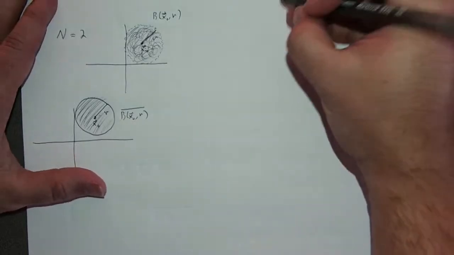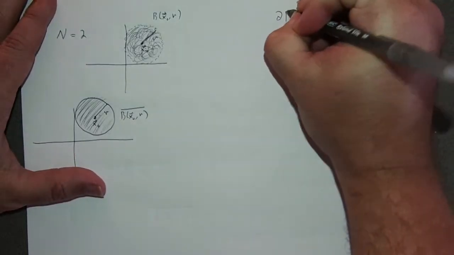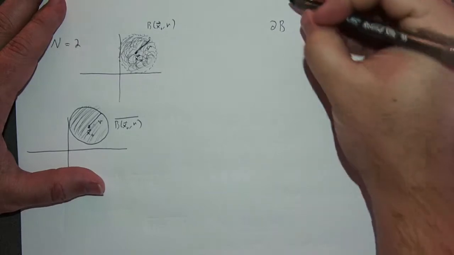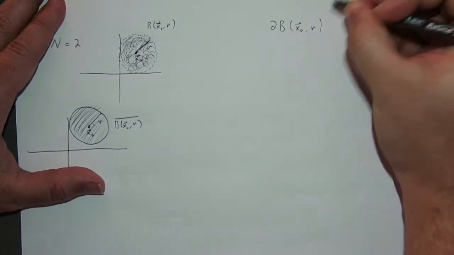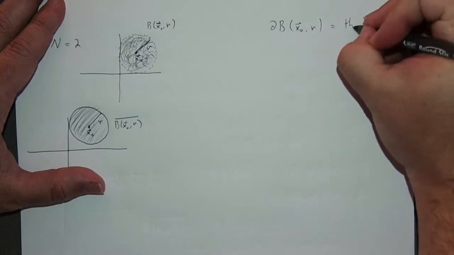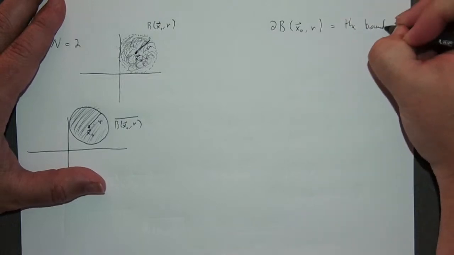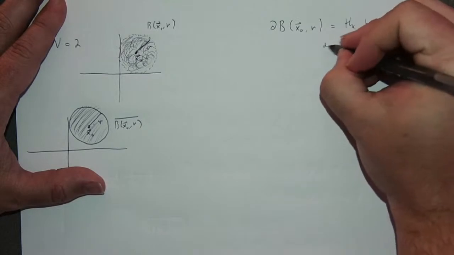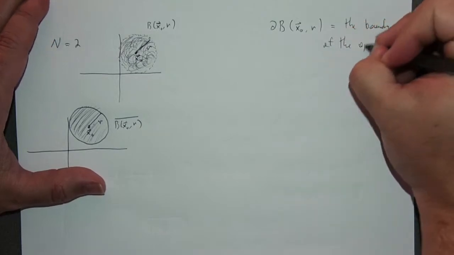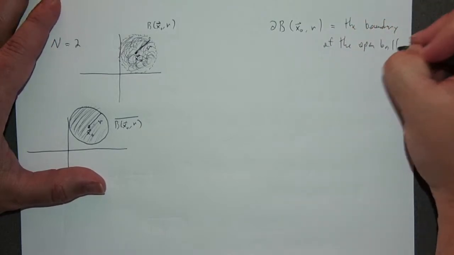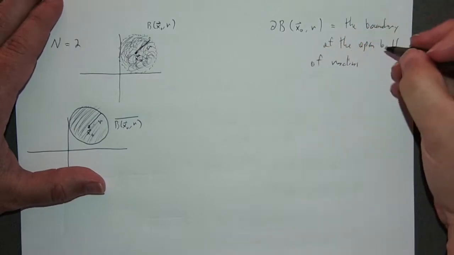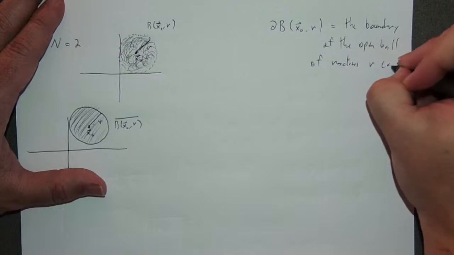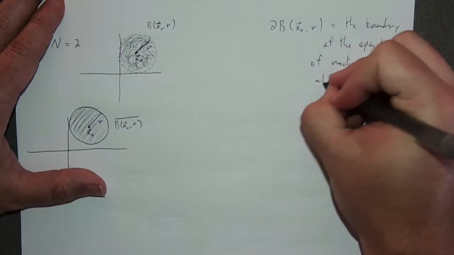Now, this is the boundary of the open ball of radius r centered at x naught.